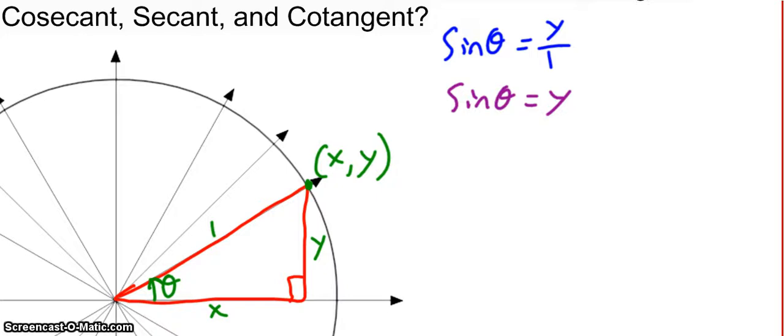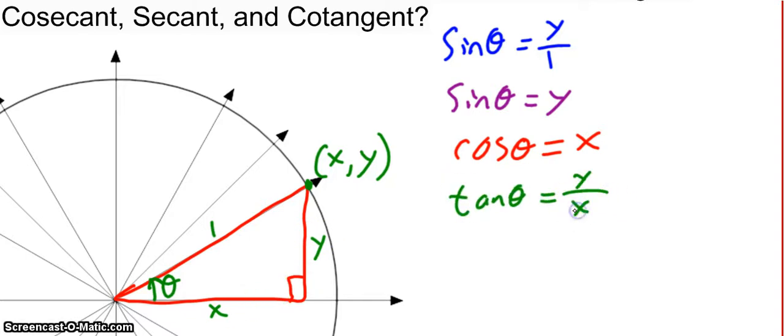So then, what about cosine? Well, cosine is adjacent over hypotenuse, but the hypotenuse is 1. So cosine is the x-coordinate. And then tangent is opposite over adjacent, so it's y over x.